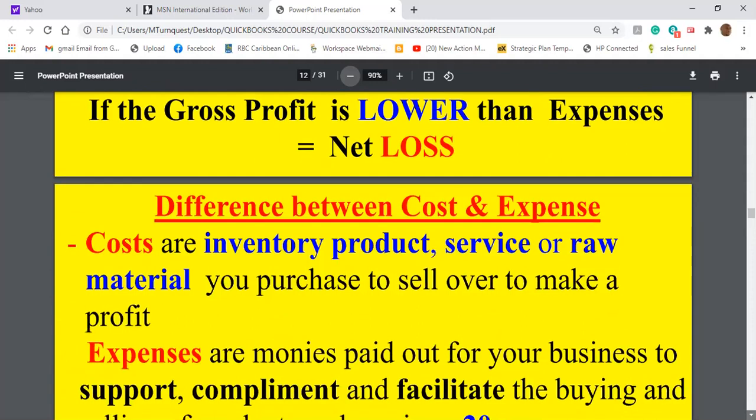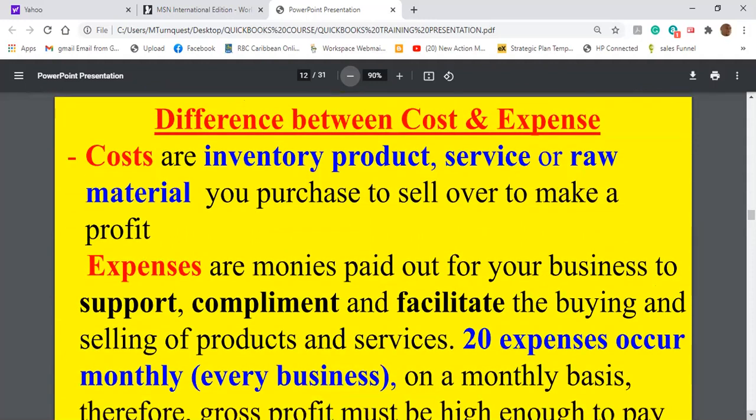Some things you have to remember: the difference between cost and expenses is, in a nutshell, that cost is what you buy to sell to create a sale. It could be inventory, raw materials, or anything like that. Expenses, you don't sell.